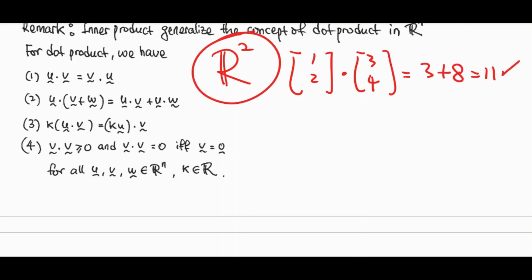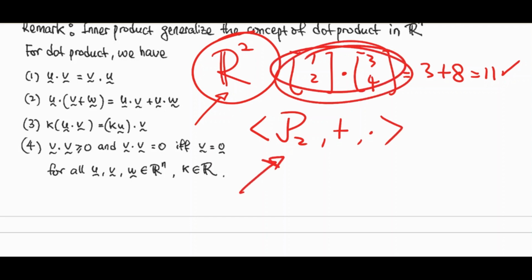So now, since it's so useful, and we know that this is a vector space, we have other types of vector spaces, such as polynomials of degree at most 2 with these additions and scalar multiplications, right? This is also a vector space, but we can't talk about dot products like this, because our polynomials don't look like vectors such as (1, 2) and (3, 4).